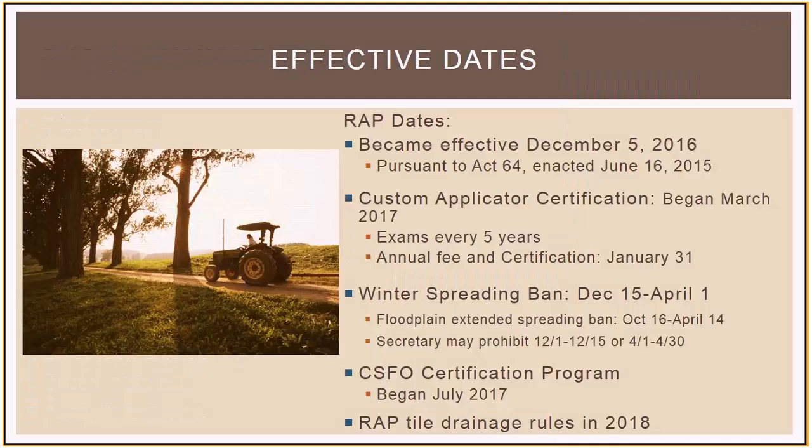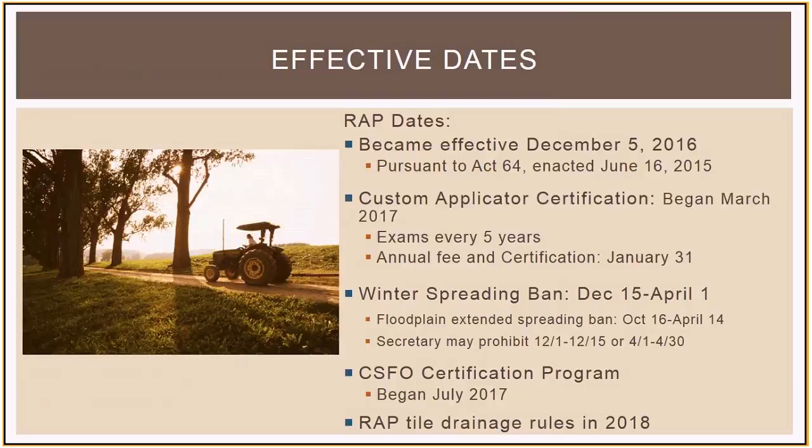So beginning with some of the effective dates of the RAPs, the RAPs happened because of Act 64, and that Act 64, Vermont Clean Water Act, was enacted in June of 2015, and then the RAPs came into effect just over a year ago, in December of 2016.